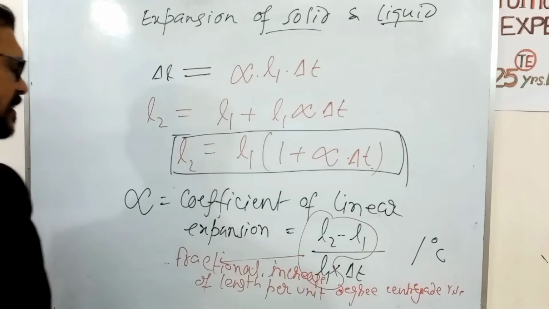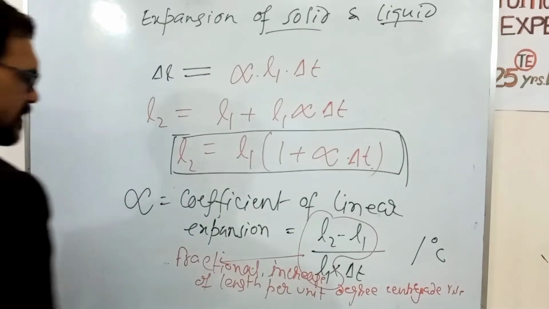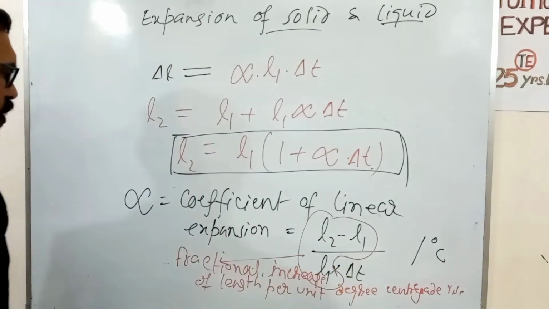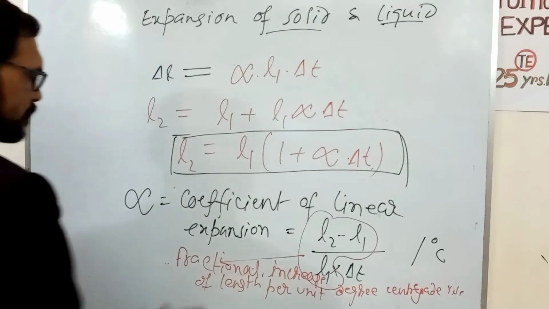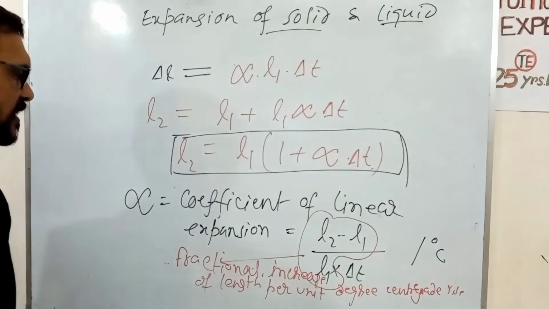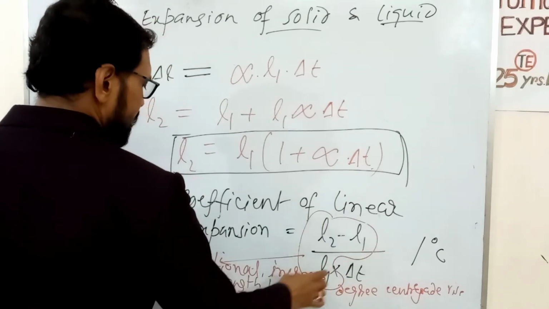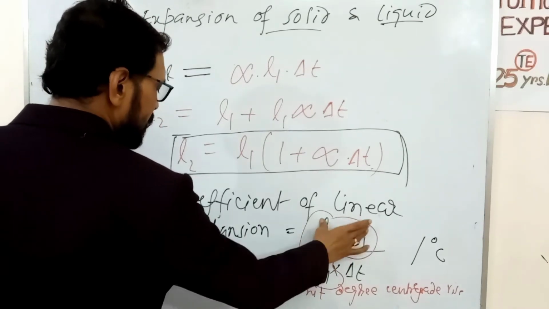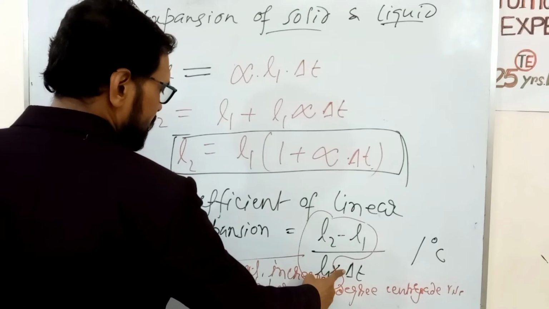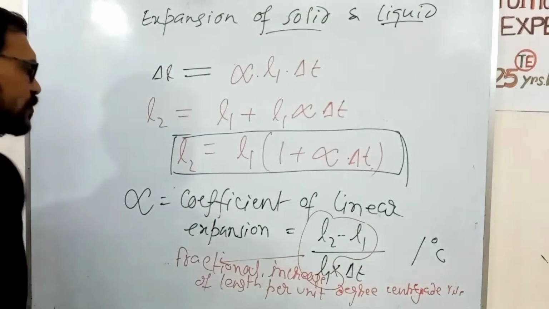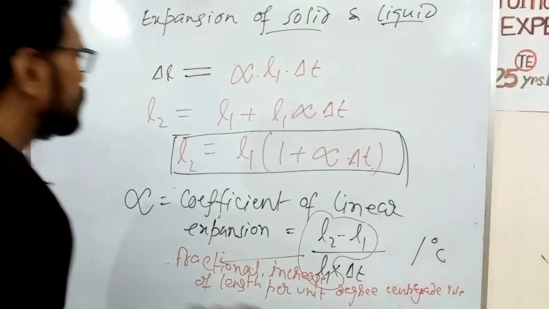That is, if the temperature rise is unity, then the fractional increase of the length of the body is called the coefficient of linear expansion. L2 minus L1 is the increase of length, divided by original length, divided by temperature rise. This term is called the coefficient of linear expansion.